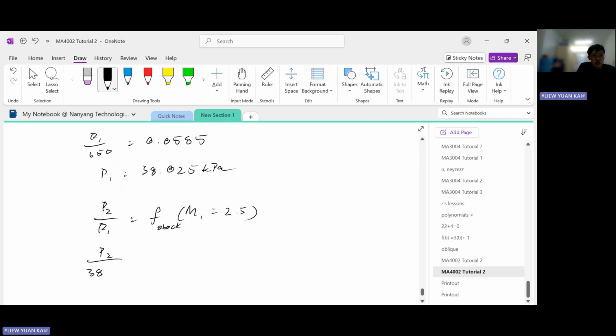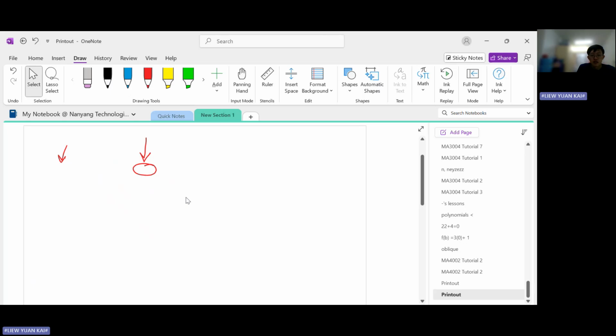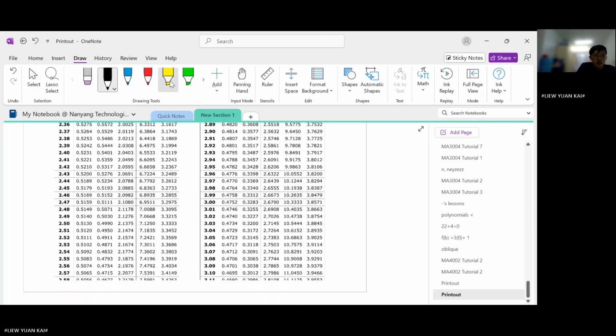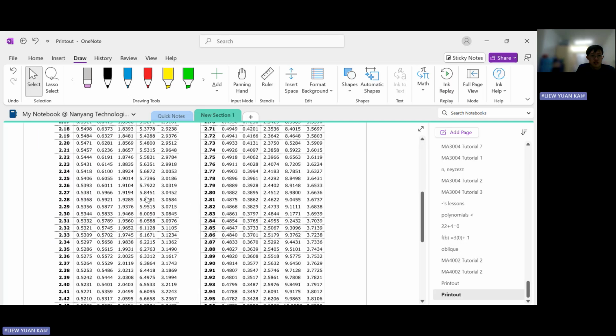This is known, right? And this one we find on the tables. According to the tables, you look at the Mach number when it is 2.5. So 2.5 will be here. Then we're looking for the pressure column, which is down here.